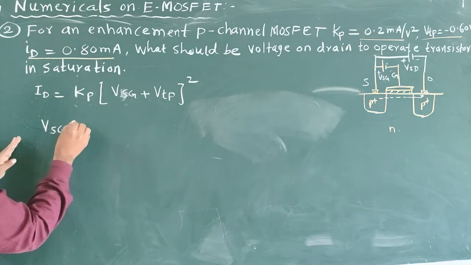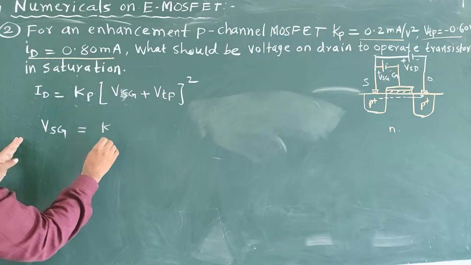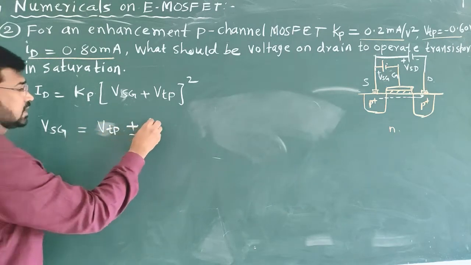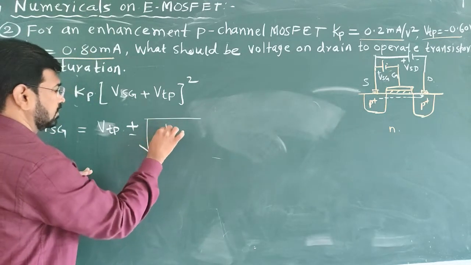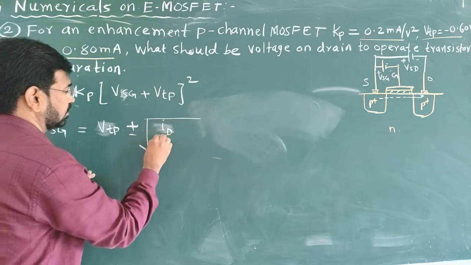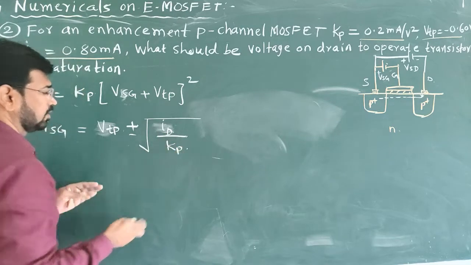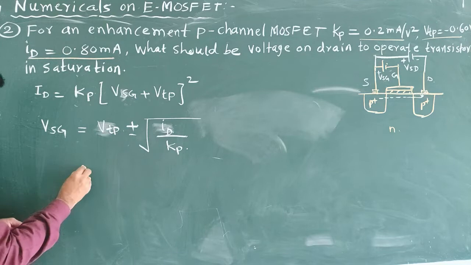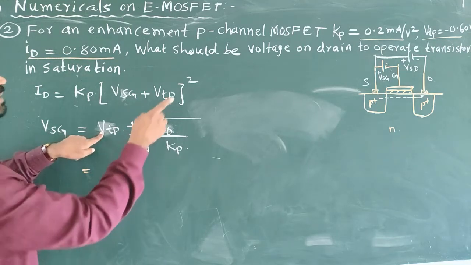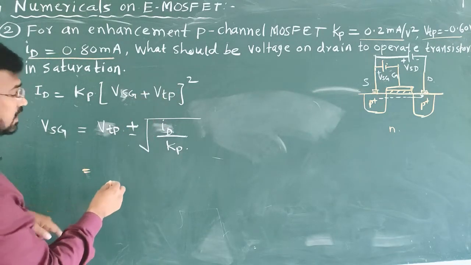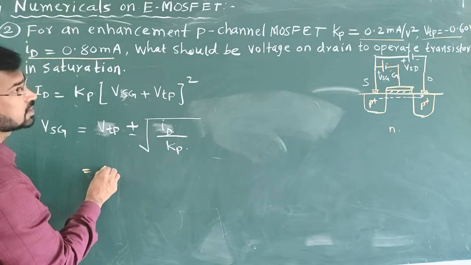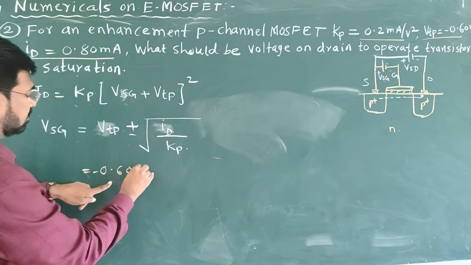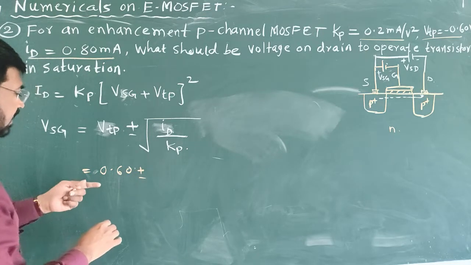So VSG is equal to VTP plus minus square root of ID by Kp. By using this relation, we can find VSG. So VTP is minus 0.60, and plus minus, sorry, no need to take minus here.